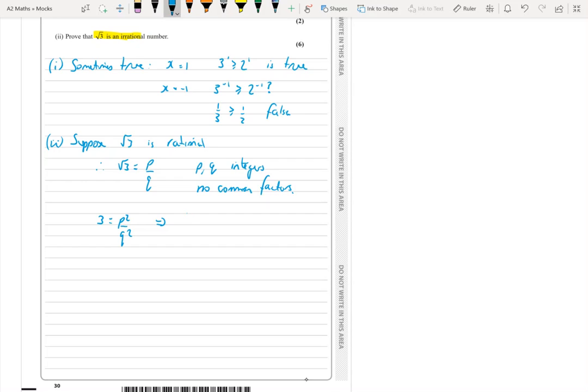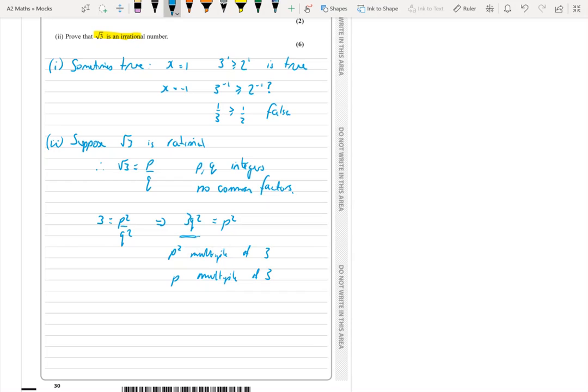So 3q squared equals p squared. Well, p squared is 3 times q squared. So p squared is a multiple of 3. But 3 is a prime number. If p squared is a multiple of 3, that means p itself must also be a multiple of 3.